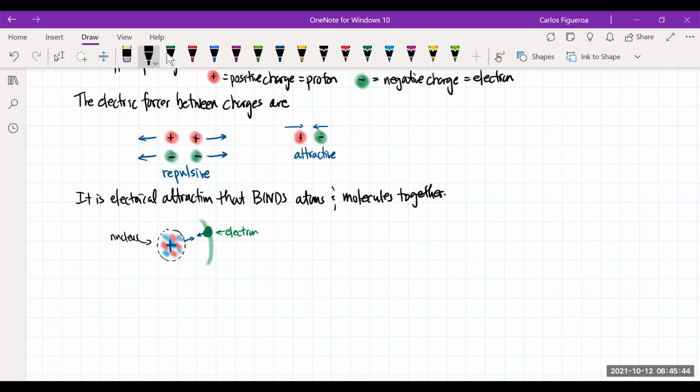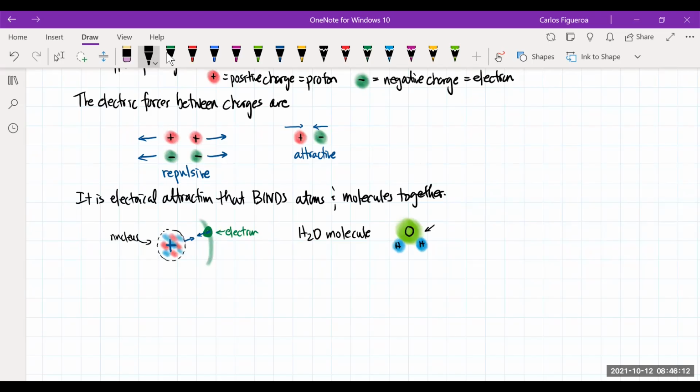The same is true for a water molecule. If you look at a water molecule, what you'll find here is that we have a nice big oxygen atom, and then attached to the oxygen, attached electrically, are two hydrogens.